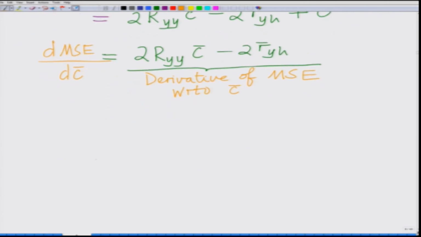Now, remember, to find the optimal C bar, I have to equate this derivative to 0. So set this derivative to 0 to find that C bar which minimizes the MSE, that will give us the MMSE, the minimum mean squared error.